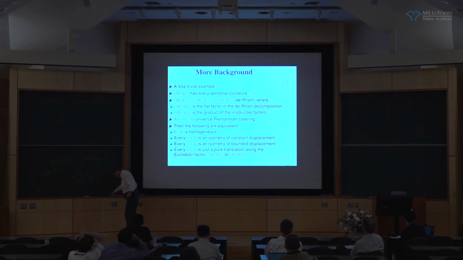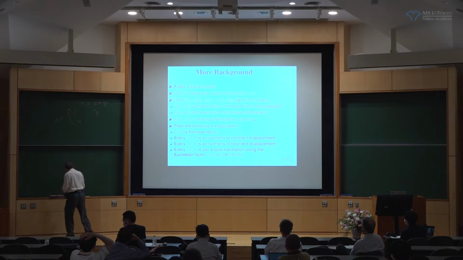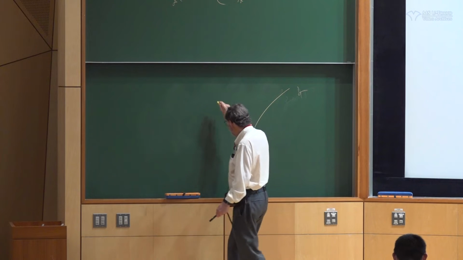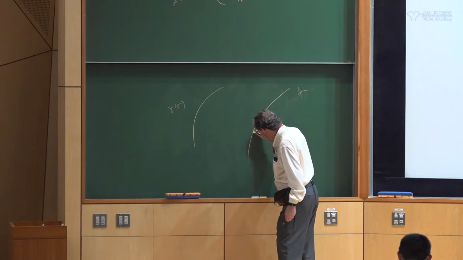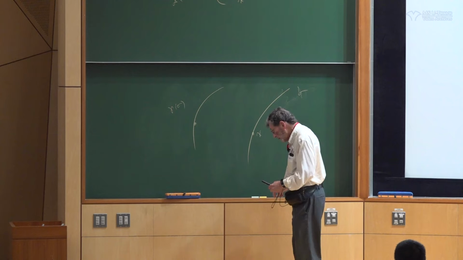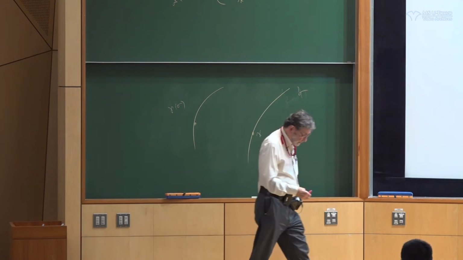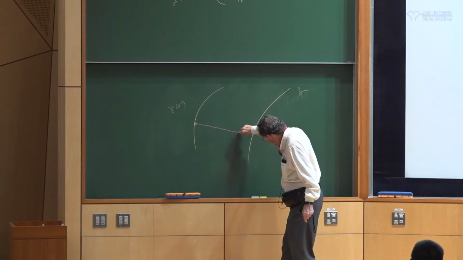Let me quickly draw another picture. The idea is the same as for Euclidean space. You take a geodesic, you look at the image. Now every point has an image, and because of sectional curvature less than or equal to 0, there's a unique piece of geodesic joining these.